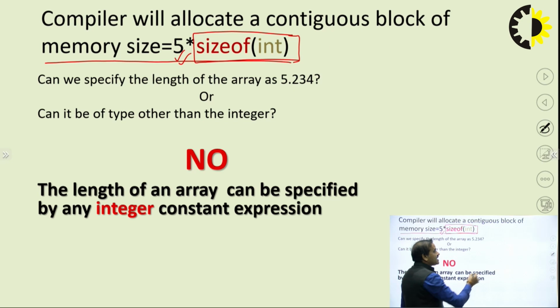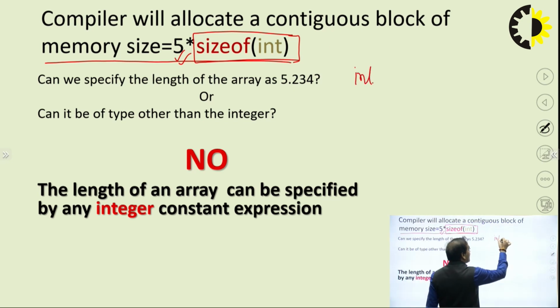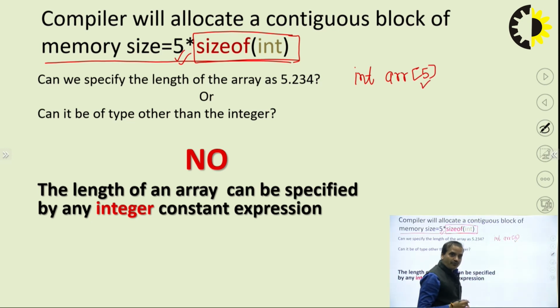In the previous case, we wrote int arr[5], the size of the array is 5, and each cell is 4 bytes. Then we have to calculate the space occupied by the given array.